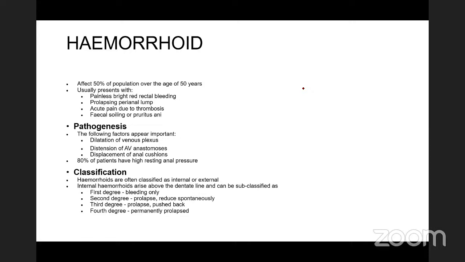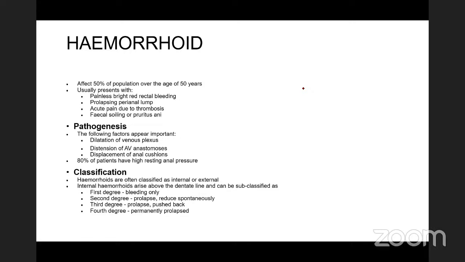Okay. Now, internal hemorrhoids also have a classification by Milligan-Morgan. They are classified into first degree, second degree, third degree, and fourth degree hemorrhoids. First degree hemorrhoids only bleed, they don't protrude. Second degree hemorrhoids prolapse but reduce spontaneously.